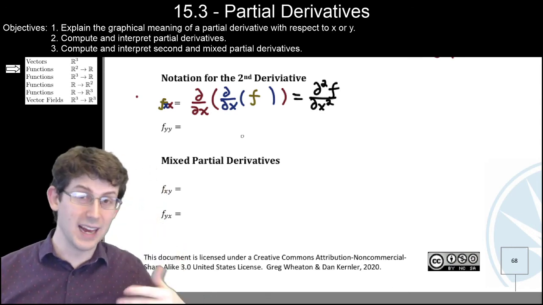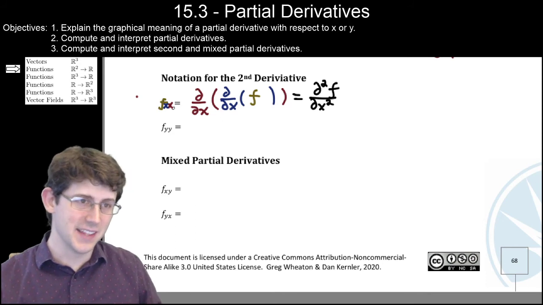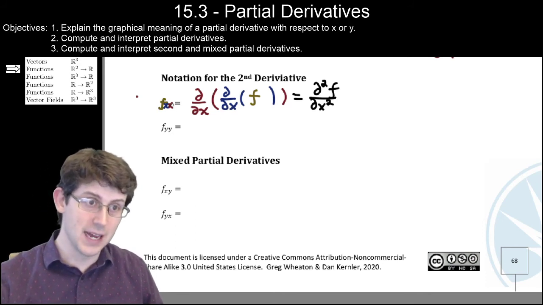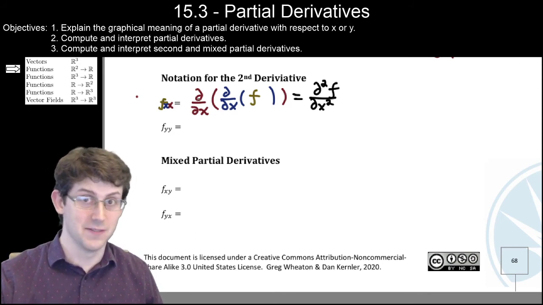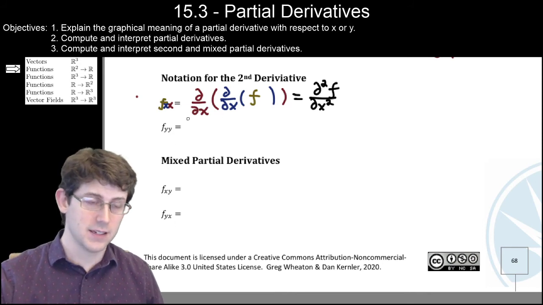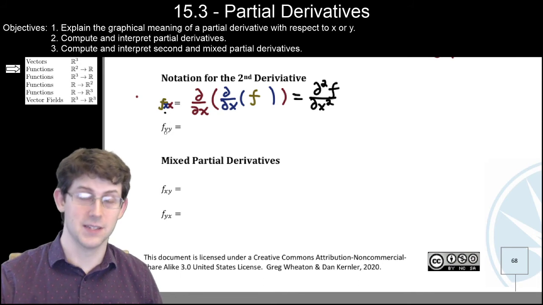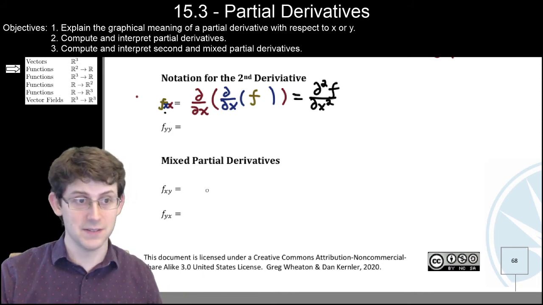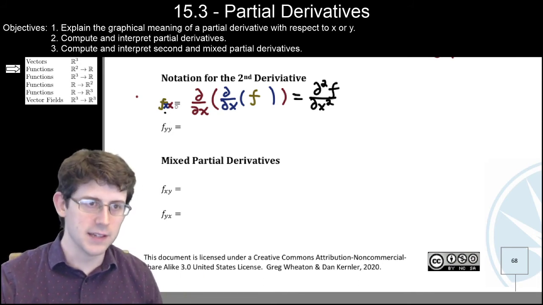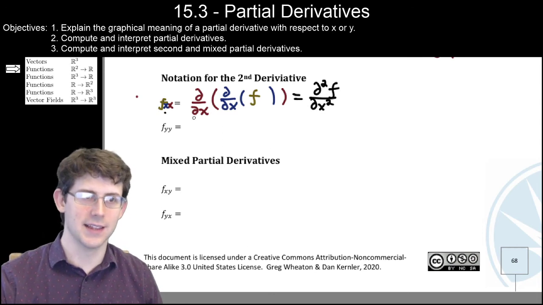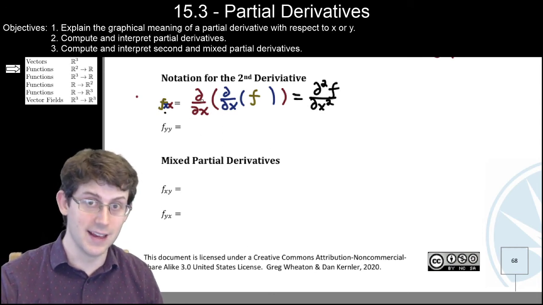what I mean by from the outside to the inside is that this x that's the furthest away from f is this derivative that's the furthest away from f. So the things that are closest to f versus the things that are farthest from f is the right way to compare the different derivatives. You shouldn't try to say, oh, well, in this notation, the one on the right is on the outside, and in this notation, the one on the left is on the outside.